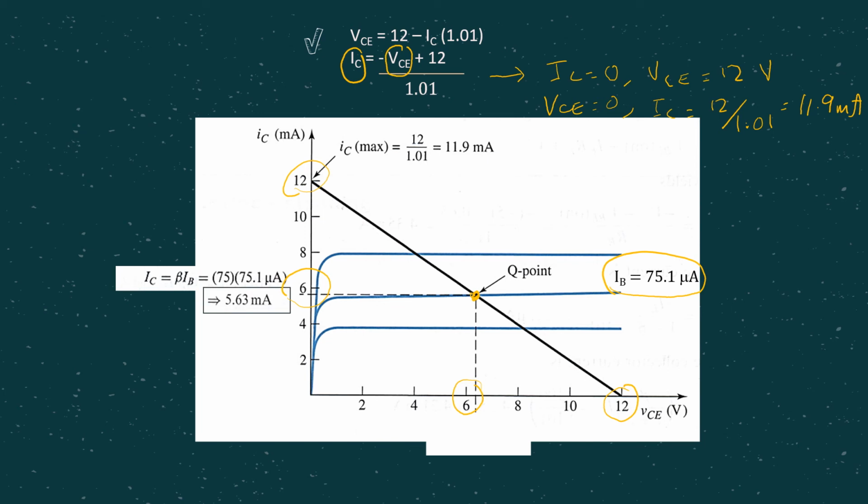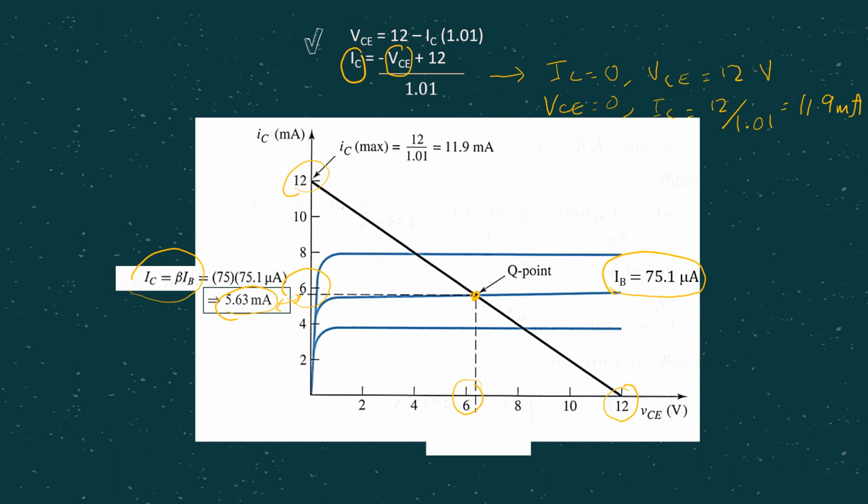Remember, you already calculated the value of IB at the first stage. Then obviously we can simply calculate the IC value, where IC equals beta IB. Then IC is given as 5.63 milliampere, so it should be the same value as the calculated one. And talking about VCE, the same thing.